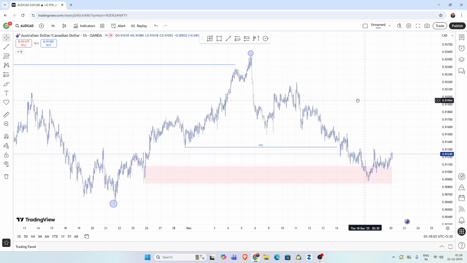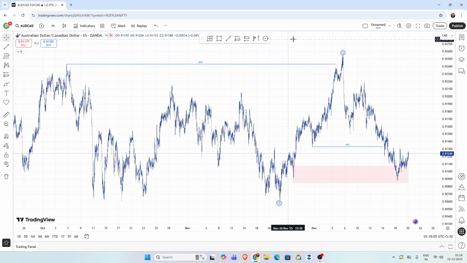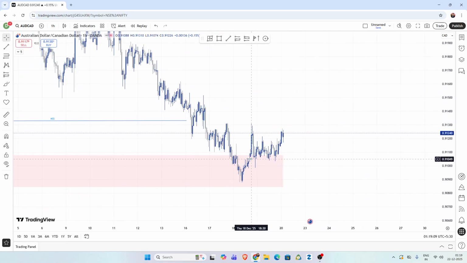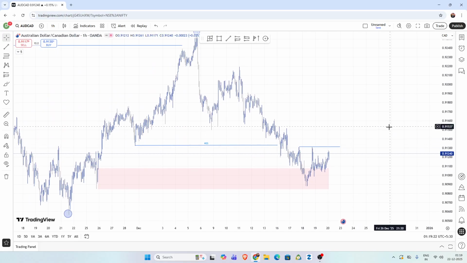So as you can see, there is clearly a break of structure, a major inducement is done, and the structure is still here. As soon as the market breaks this high in the 1 hour time frame, I'll look for opportunities to long this.